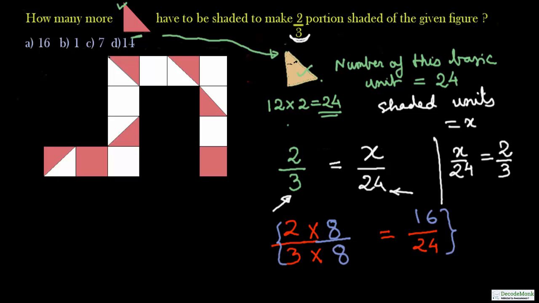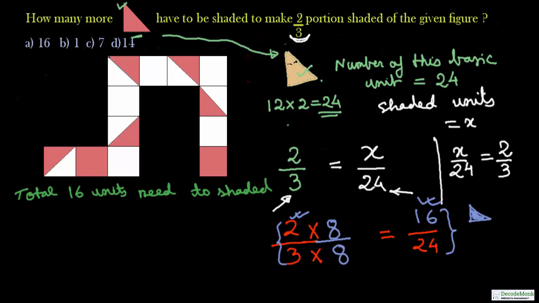So from 16 upon 24, you can understand that you need to have 16 of these basic triangles, or basic parts, shaded to make the shaded portion equal to 2 by 3. So we can say that a total of 16 units need to be shaded, but you can see from the figure that some portions are already shaded.